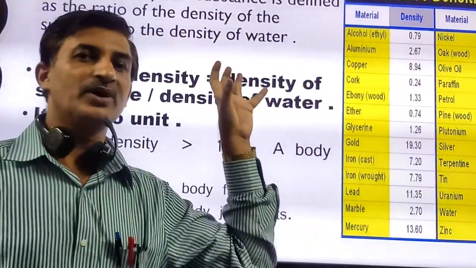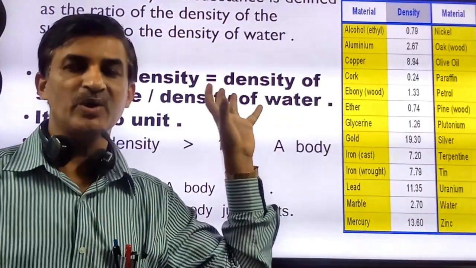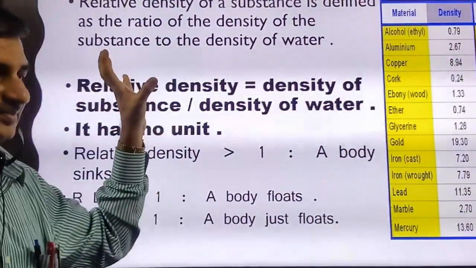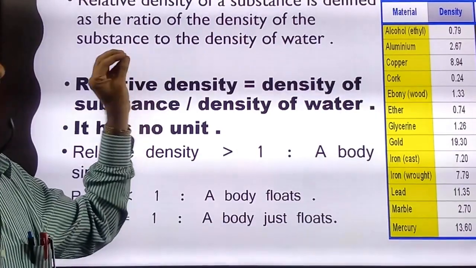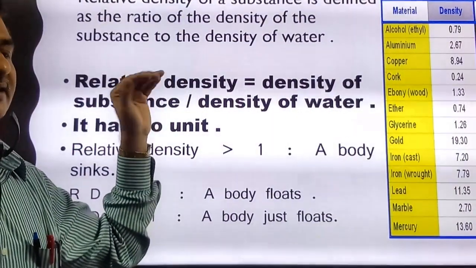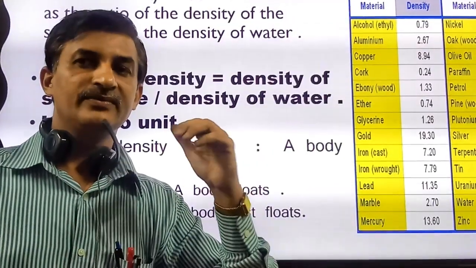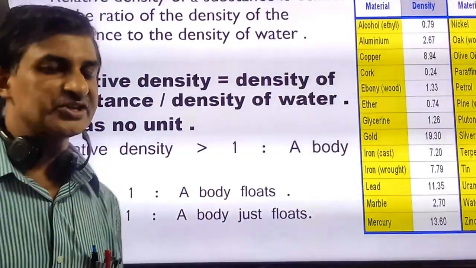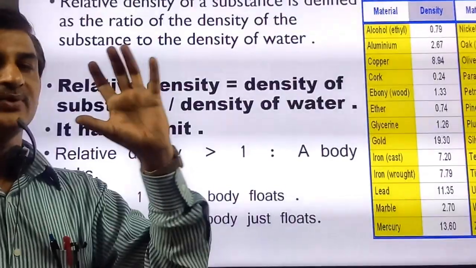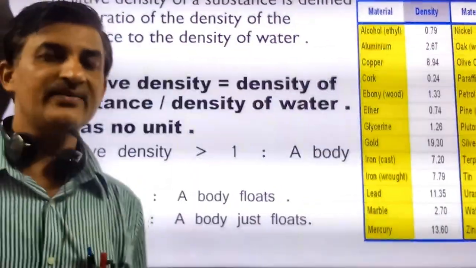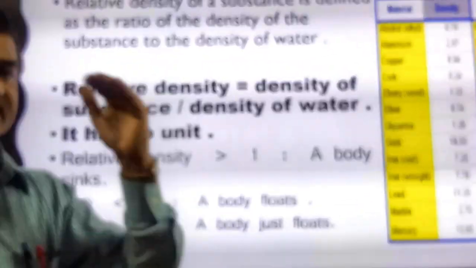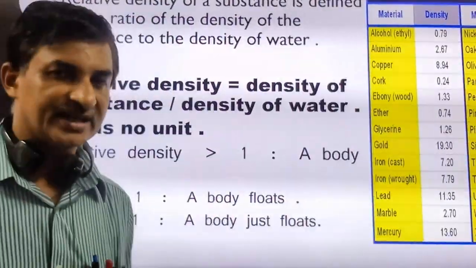We take water as an ideal substance because it is easily available, and we want to explain the phenomenon of flotation, and a body floats over water only when its density is less than the density of water.